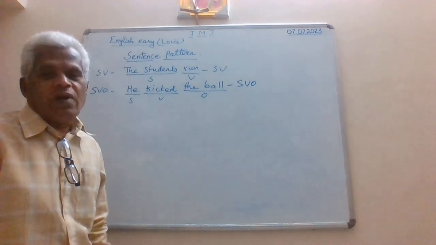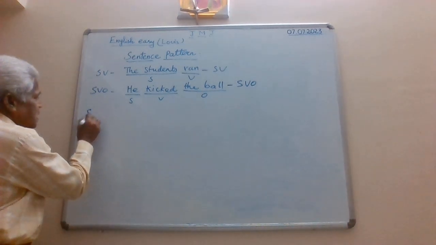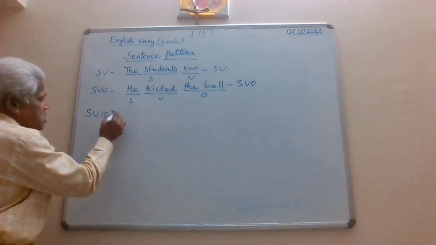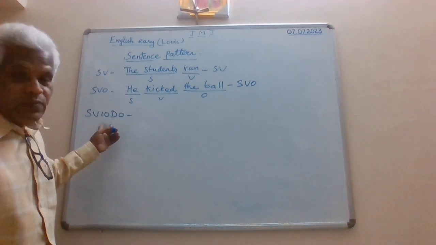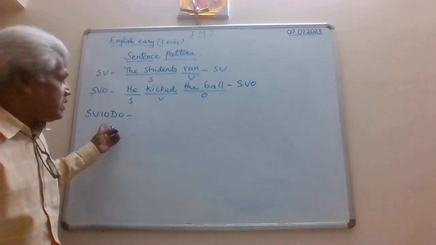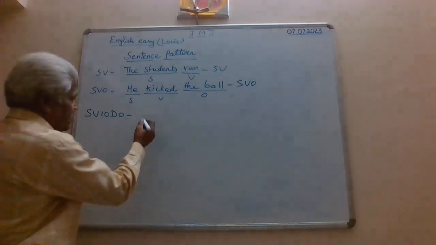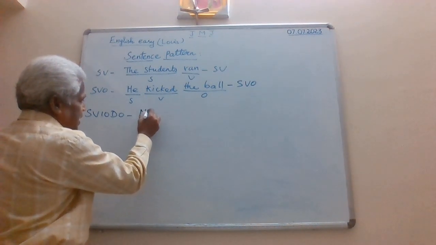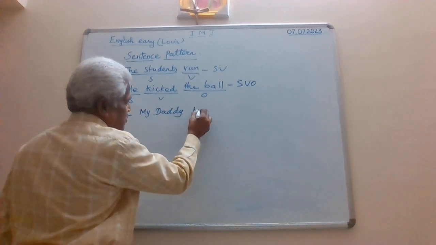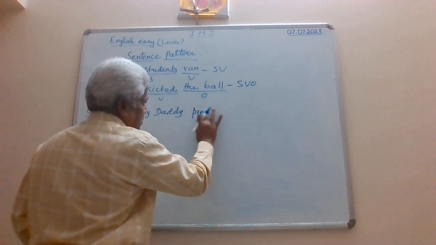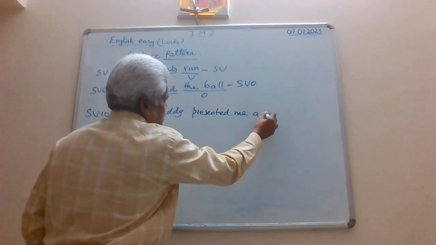And the third pattern we discussed was SVIODO. Now you remember IO stands for indirect object and DO stands for direct object. Let me write a sentence now. My daddy presented me a watch.